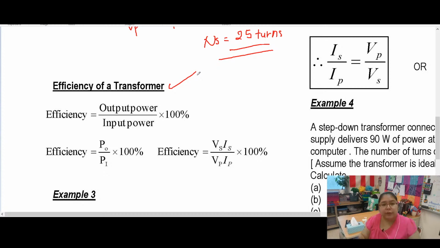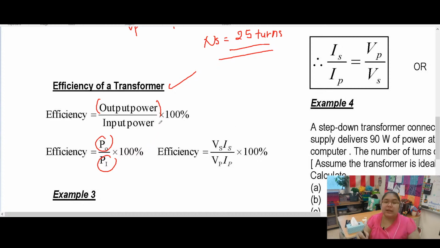So from here we create the formula with output at the top. Output at the top means the output will always be less than the input. So you get an answer surely less than 100%, or at most 100%. So the formula is Po over Pi multiply 100%. For this situation, the question never says how many watts of power.